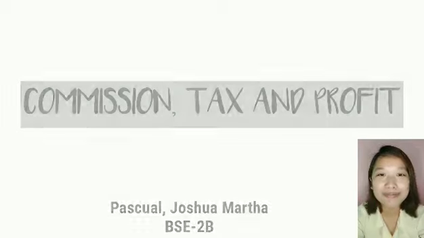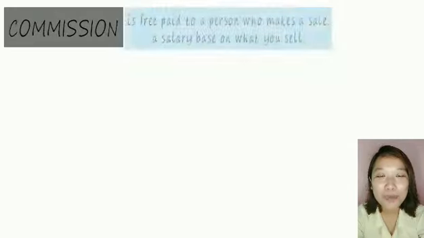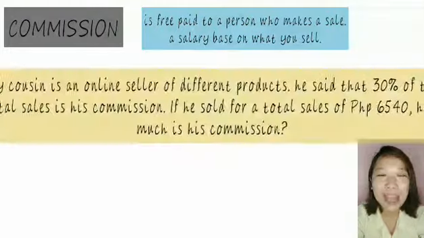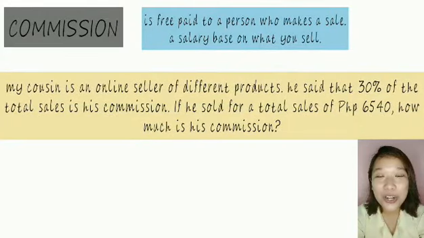Commission is a payment to a person who makes a sale, a salary based on what you sell. So here is an example of commission. My cousin is an online seller of different products. He said that 30% of the total sales is his commission. So if he sold a total of 6,540, how much is his commission?